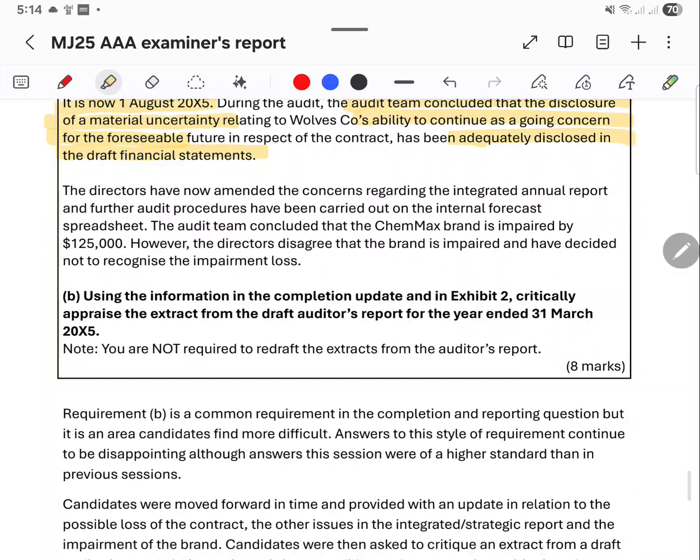The directors have now amended the concerns regarding the integrated annual report, and further audit procedures have been carried out on the internal forecast spreadsheet. The audit team concluded that the CamMax brand is impaired by 125,000. However, directors disagree that the brand is impaired and have decided not to recognize the impairment loss.